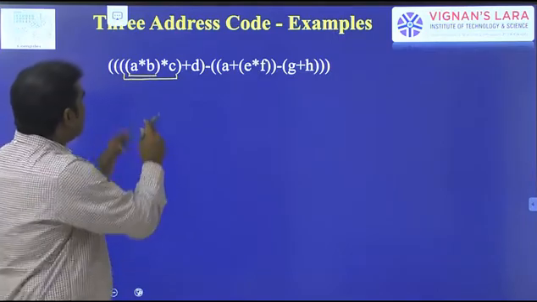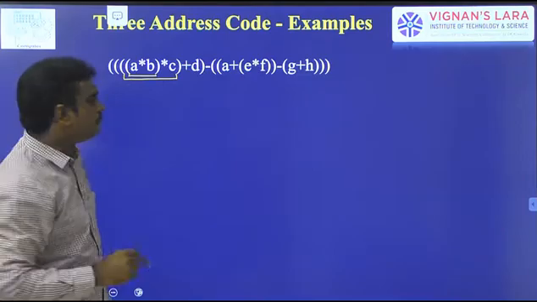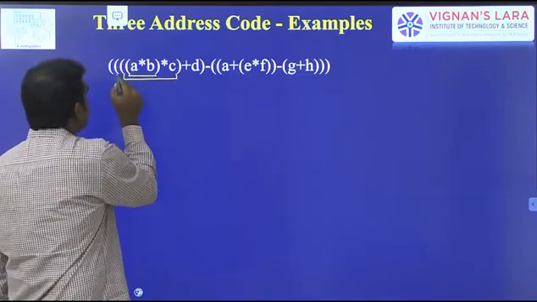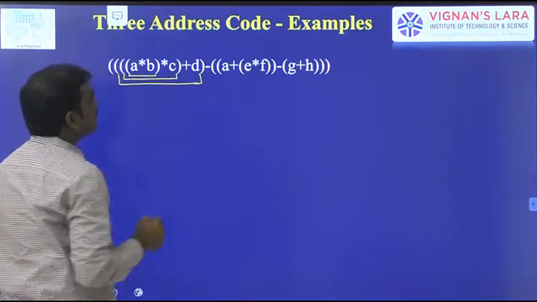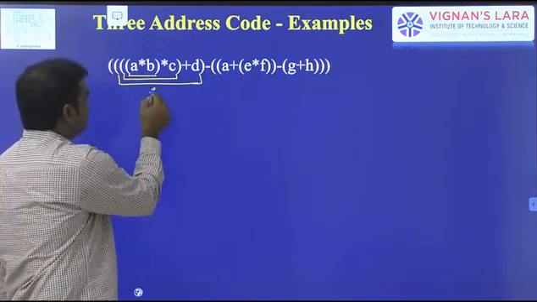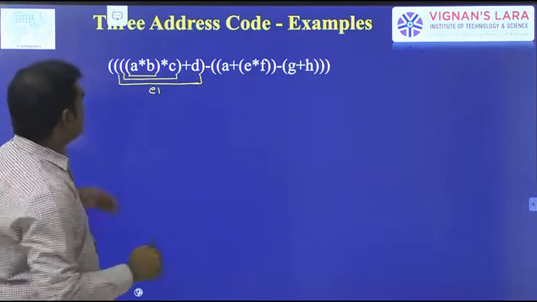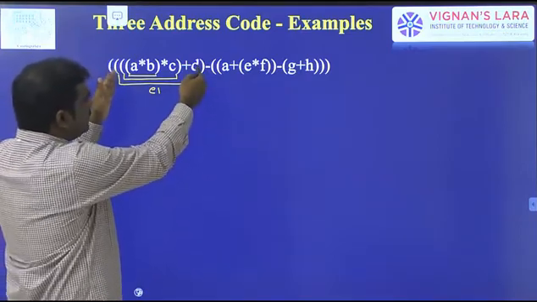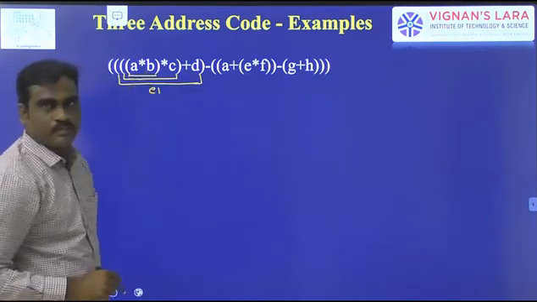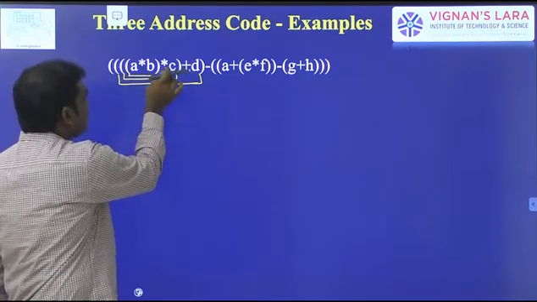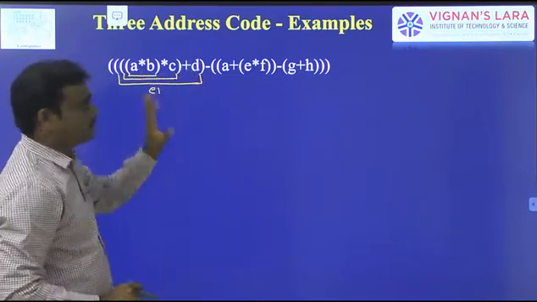Next one, after this entire value, added with D. So this parenthesis is one expression. This is the first expression. To evaluate the first expression, first we have to compute A star B and then star C and then plus D. So this is expression 1.